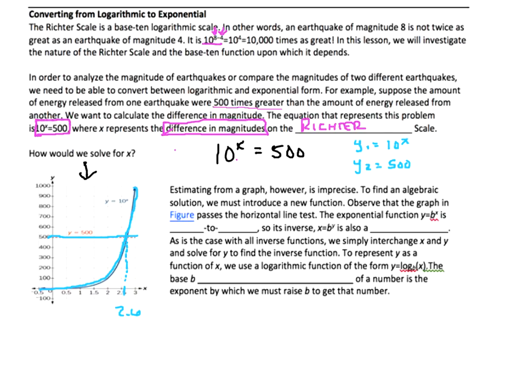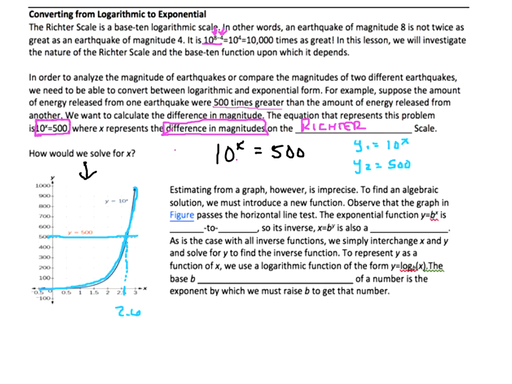Those y values will be equal, and that value they're equal at is 500. But obviously this is not the best way of going about this, because I can guess that it's about 2.6, but I really need to be more precise than that. So estimating from a graph is imprecise.